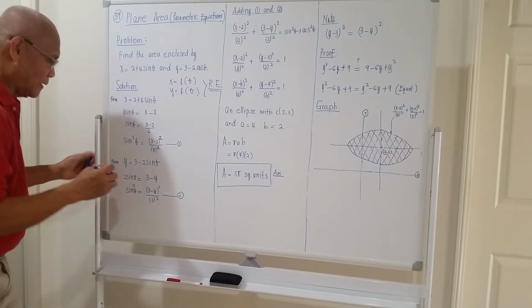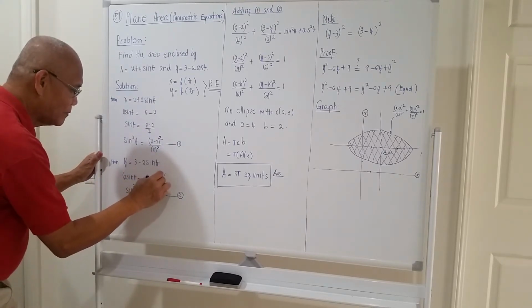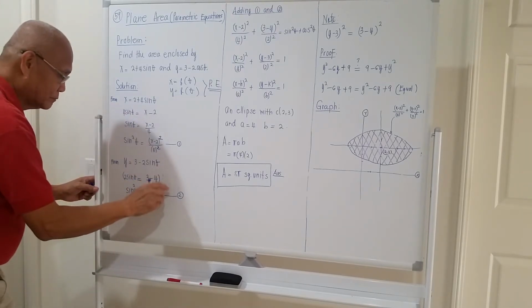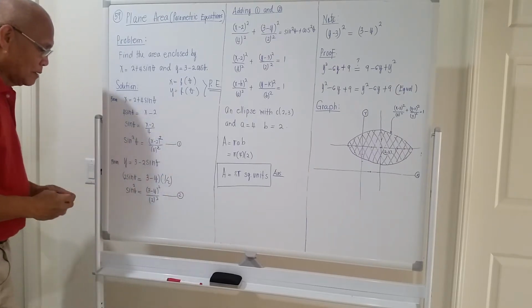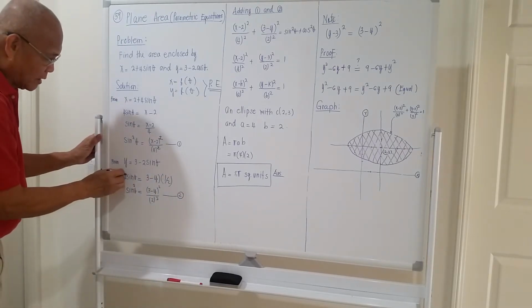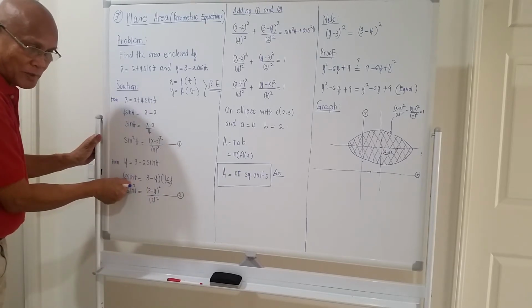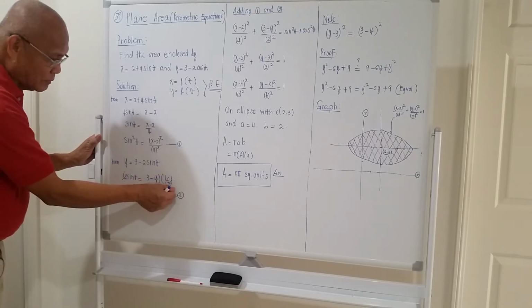Then, multiplying all terms by 1/2, left hand side, this will cancel out. So what remains on the left hand side will be sine of theta. Right hand side, it will be 3 minus y all over 2.